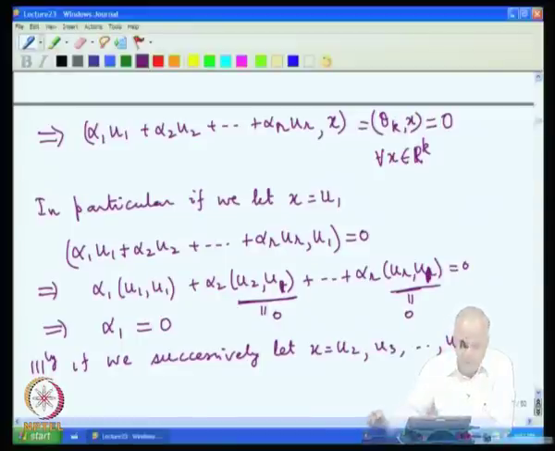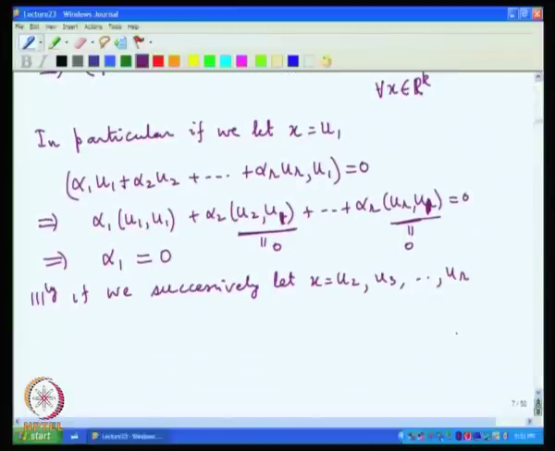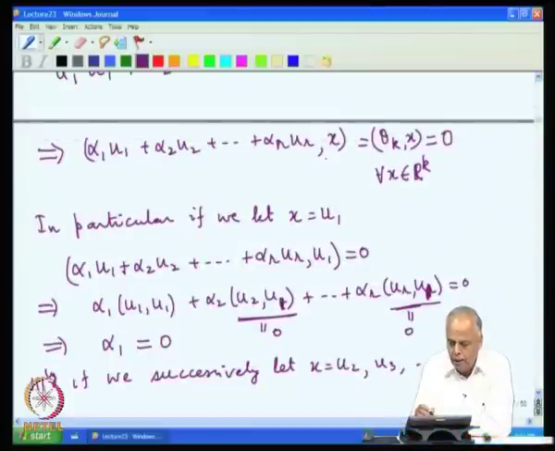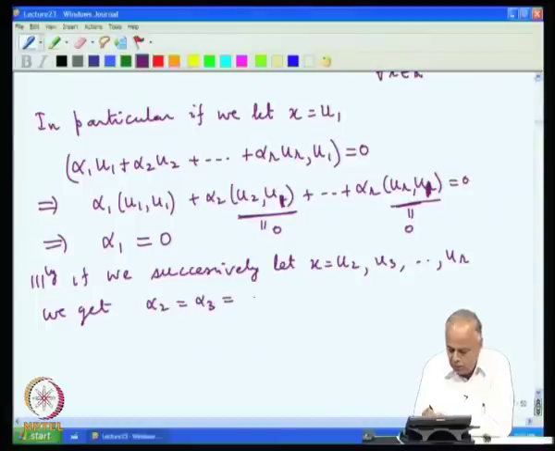When I let x equal to u1, I got alpha 1 as 0. If I let x equal to u 2 in this place and take this, I get alpha 2 equal to 0, and so on, we get alpha 2 equal to alpha 3 equal to alpha r equal to 0.